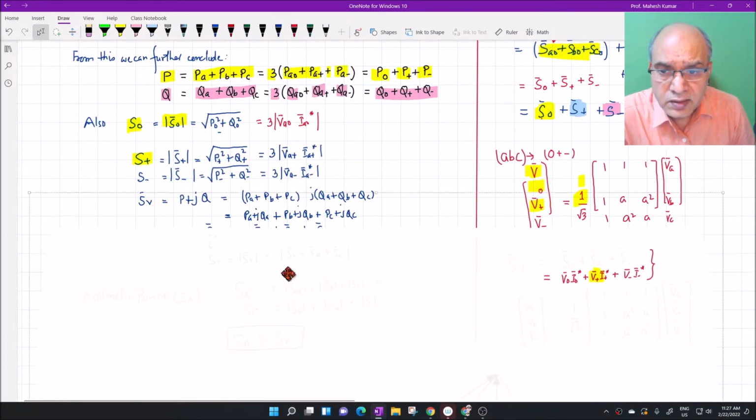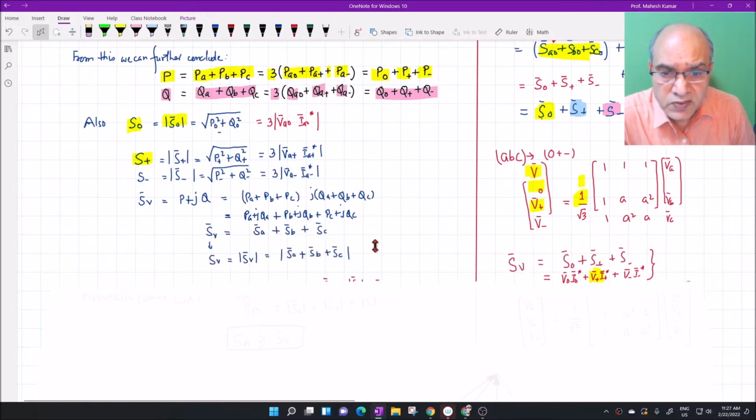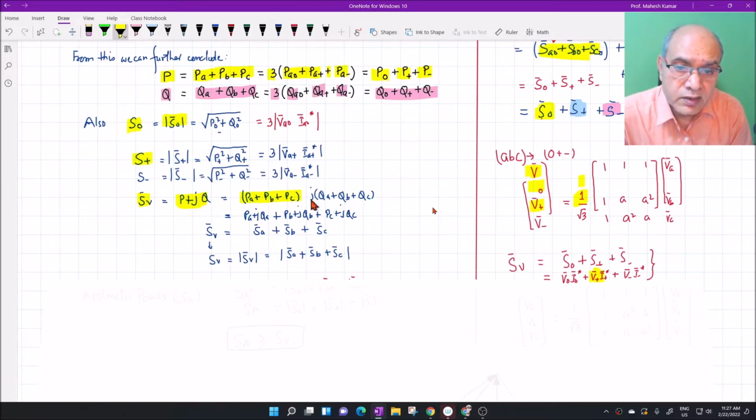Again we will write in terms of the ABC components. So this geometric or vector apparent power SB is therefore the complex or phasor addition of P and Q, which has the individual components of PA, PB and PC, and then in the reactive power we have plus JQA, QB, QC.